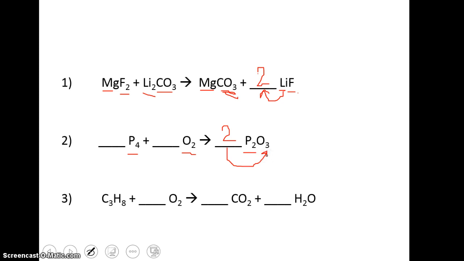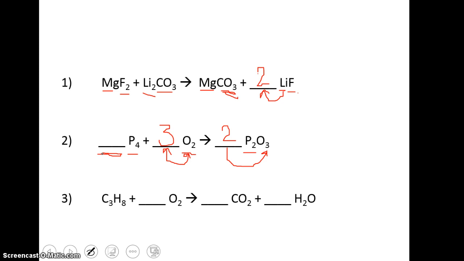To get this 2 up to 6, we would want to put a 3 in front of it, because 3 times 2 is 6. I guess there's a mistake on this one as well, because I would not need the blank in front of the P4. That one I do not need. You should pause and try to do the last one by yourself.